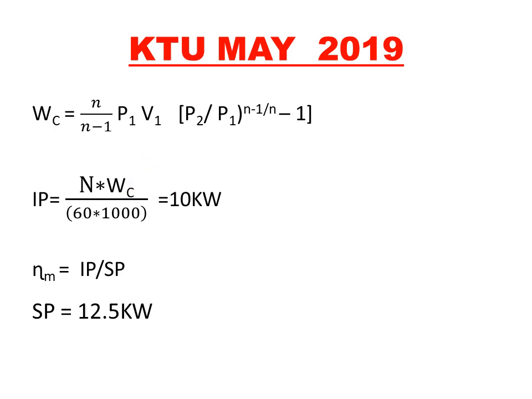First I need to multiply that work of compressor with N, so that I will get the unit in joule per minute. Then I divide that equation by 60, so that I will get the unit in joule per second, which is nothing but watt. Then I finally divide by 1000, so that I will get the unit in kilowatt. Once I get the indicated power in kilowatt, I just substitute that indicated power here, so that I will get the shaft power as 12.5 kilowatt.